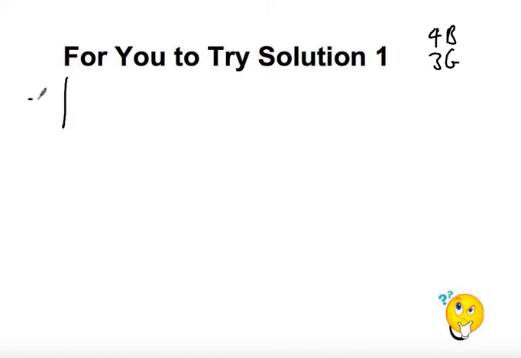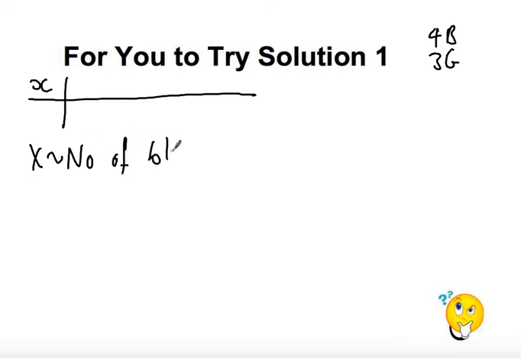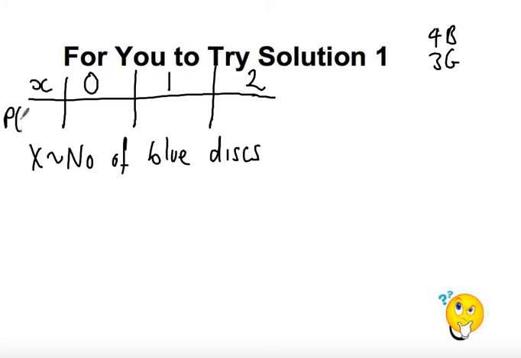So if I tabulate this, we can have the possible values of x, where x is the number of blue discs. I could have 0 blue discs, 1 blue disc, or 2 blue discs. So let's calculate the probabilities of these happening.